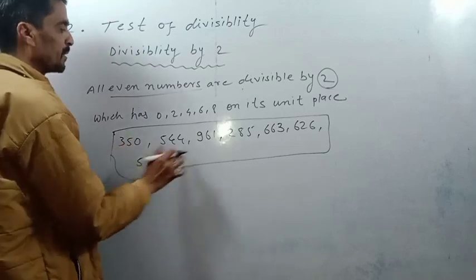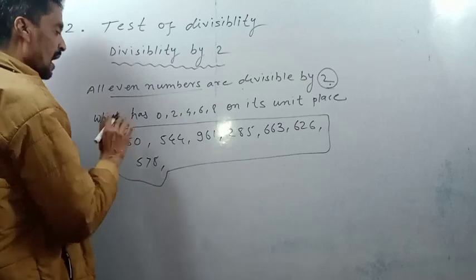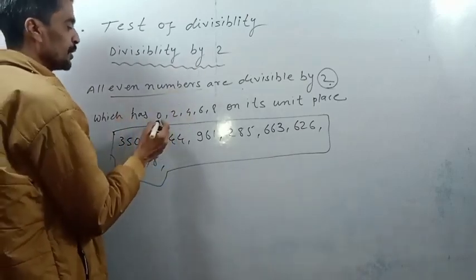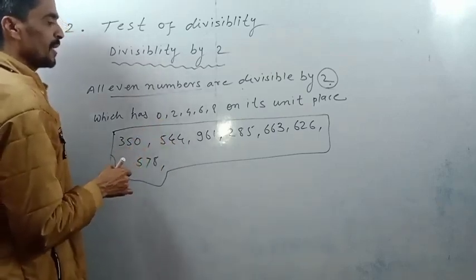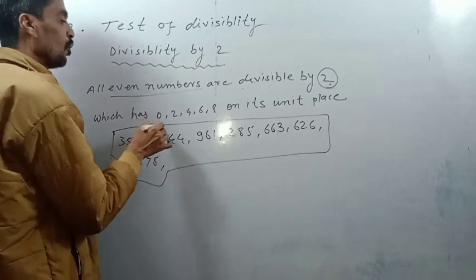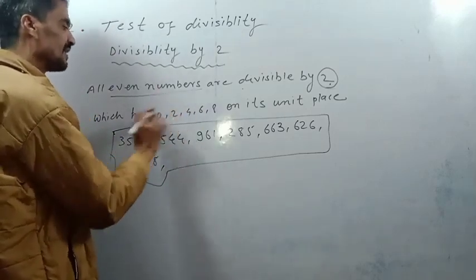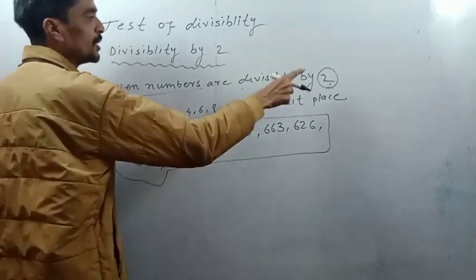So all even numbers are divisible by 2. Another important note in the test of divisibility of 2: we need to find the units place, and if there is 0, 2, 4, 6 or 8 in the units place, that number will be divisible by 2.